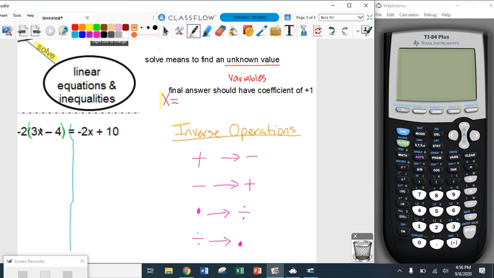So here I see one term and then I see two terms. So I'm going to say, what is negative 2 times 3x? And then I can say, what is negative 2 times negative 4?